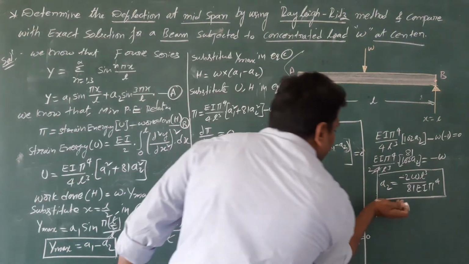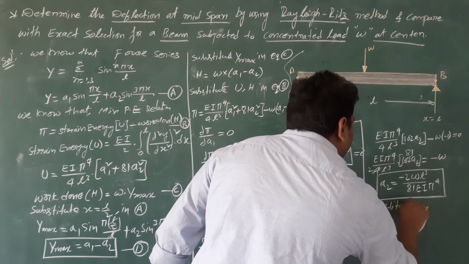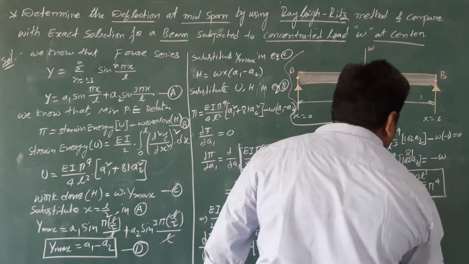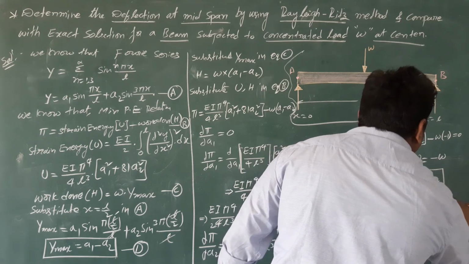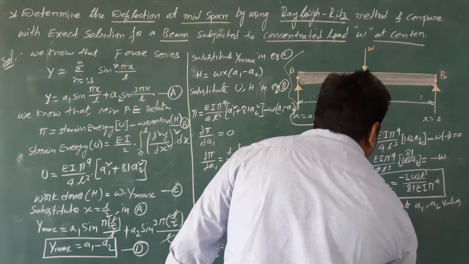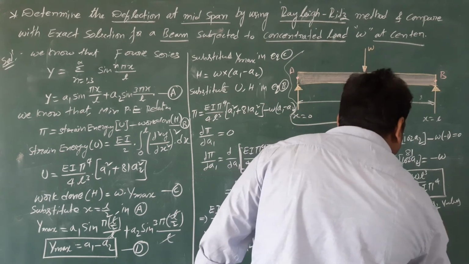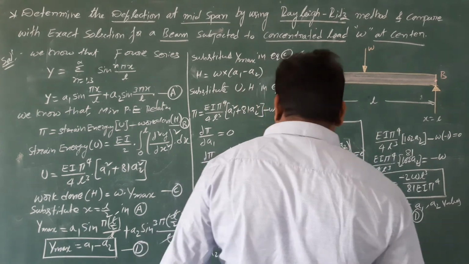Substitute the small a1, a2 values in equation D. So we know that the D equation is a1 minus a2.